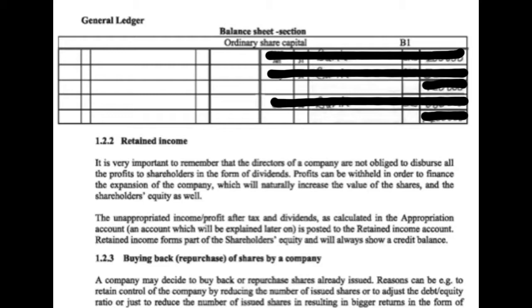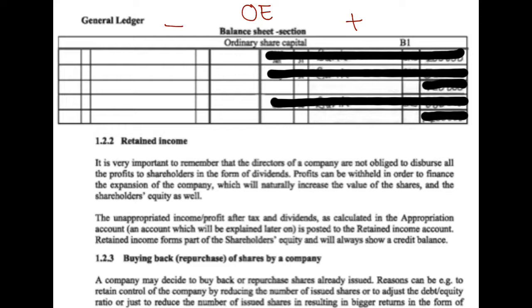Now the ordinary share capital account is known as a share equity account or an owner's equity account. And an owner's equity account therefore increases on the credit side and decreases on the debit side. Now we want to show that our owner's equity account increased, so obviously the account will be credited.